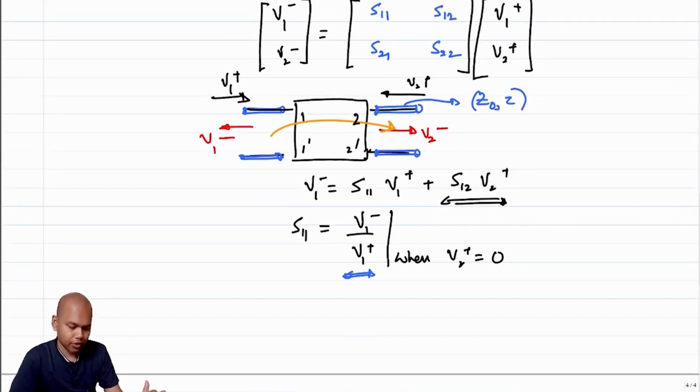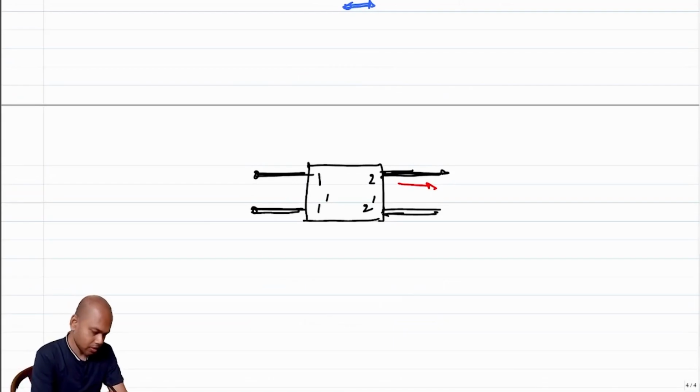We are trying to ensure V2 minus is essentially 0. I'm sorry, I'll take the statement back. What we are trying to say is that whatever is going out is fine, but whatever is coming in to port 2 should be 0, right?